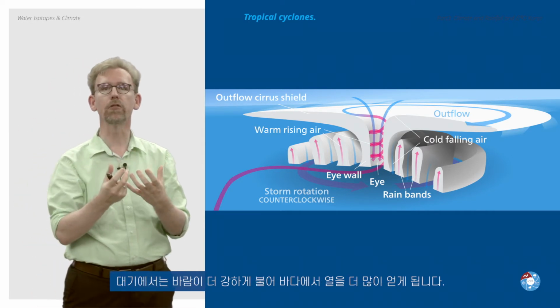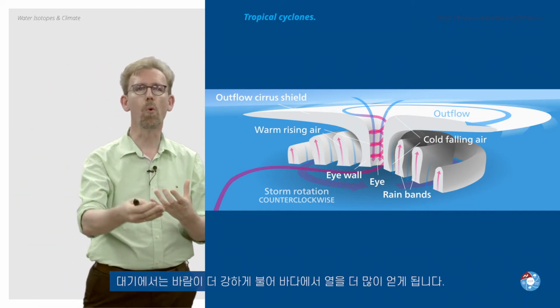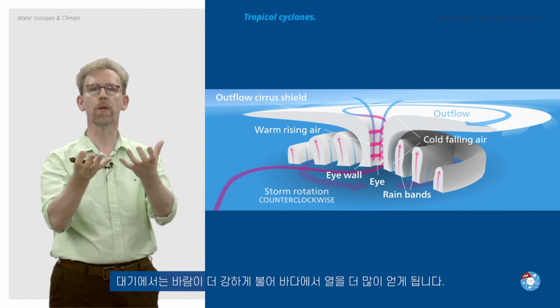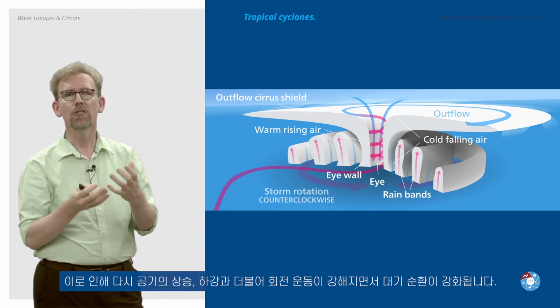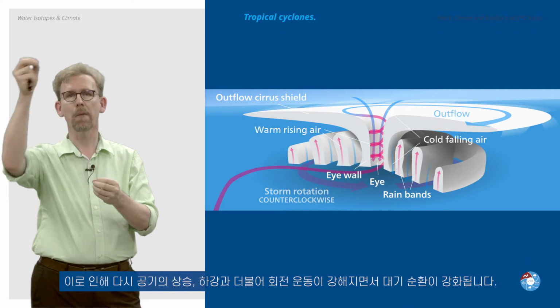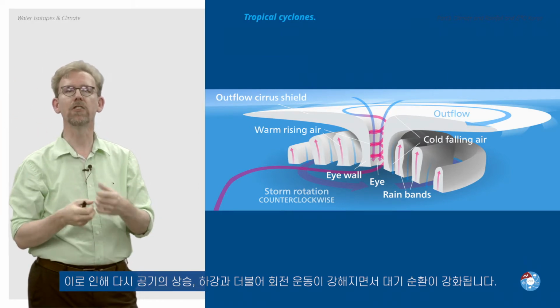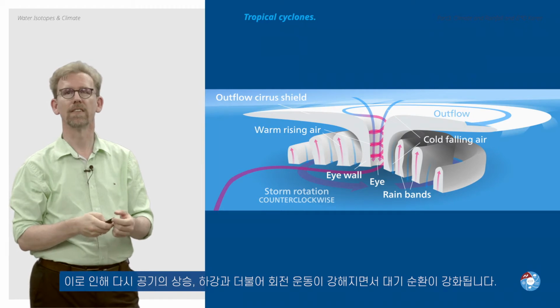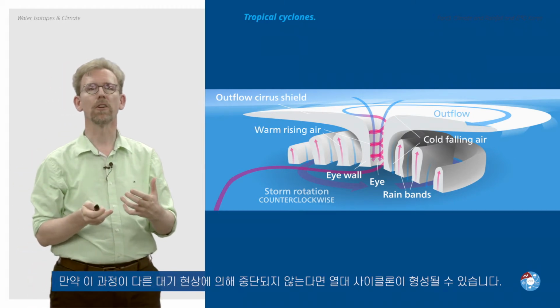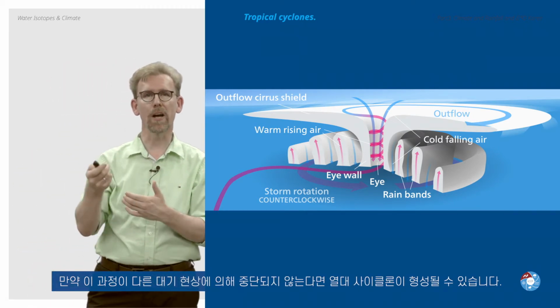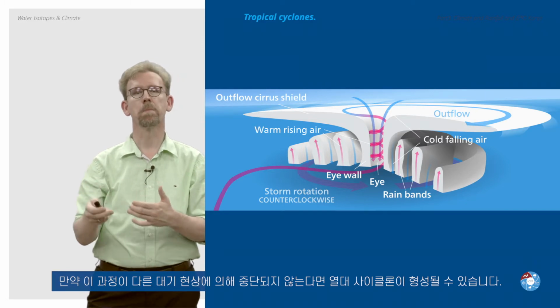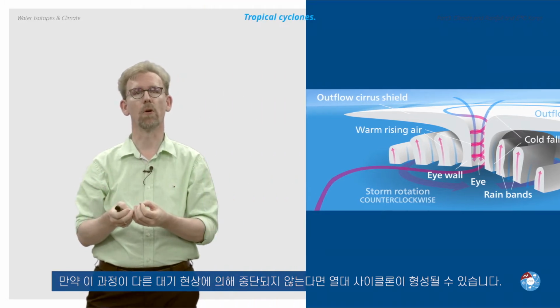Winds will increase further, which leads to more extraction of heat from the ocean. This again enhances the up-down and the spinning motion of the air, thereby intensifying the circulation. If this process is not interrupted by other atmospheric phenomena, a tropical cyclone can be formed.